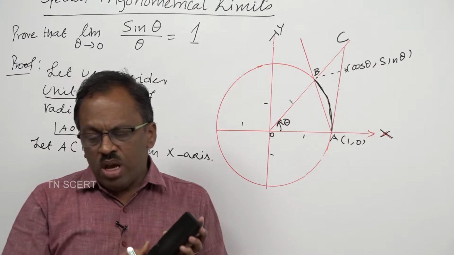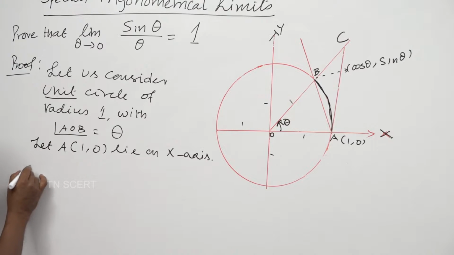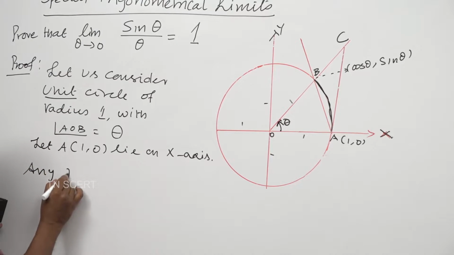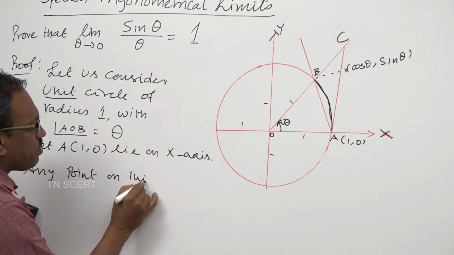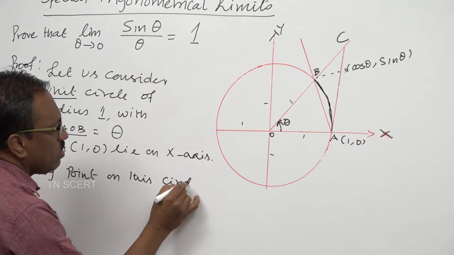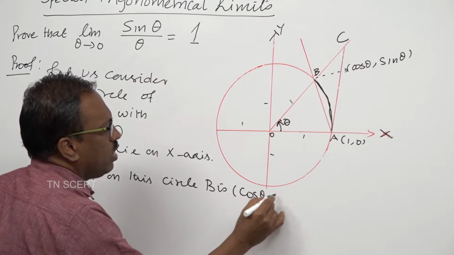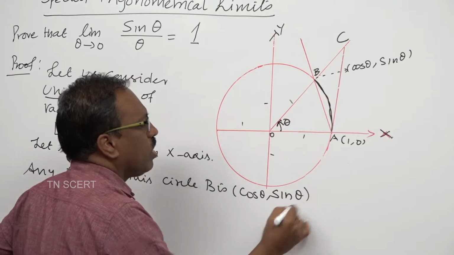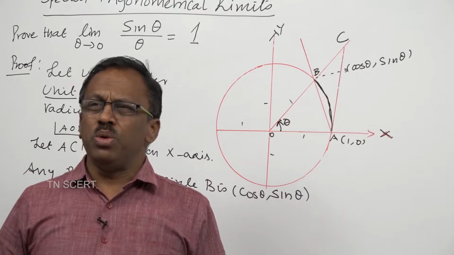So any point on this circle, B, is cos theta comma sin theta. Okay, I have represented everything to you from your knowledge point of view.